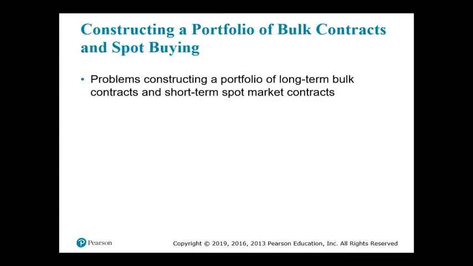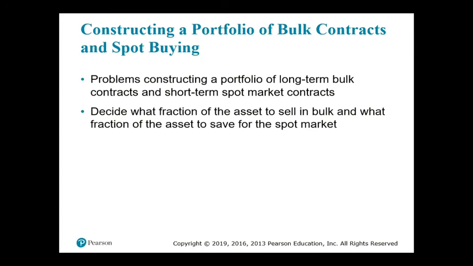So there is a very high responsiveness requirement, but the spot market is willing to pay more for the product. So the basic trade-off is between getting a committed demand at a lower price in the bulk contracts versus potentially getting a higher price later on in the spot market.